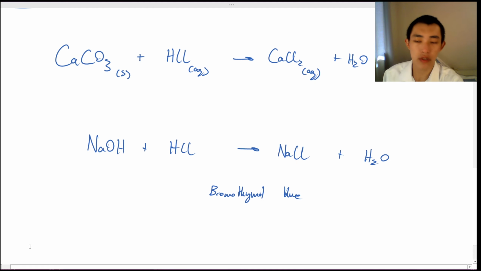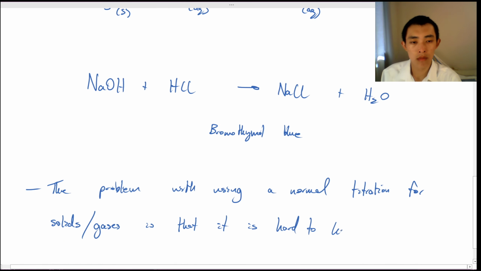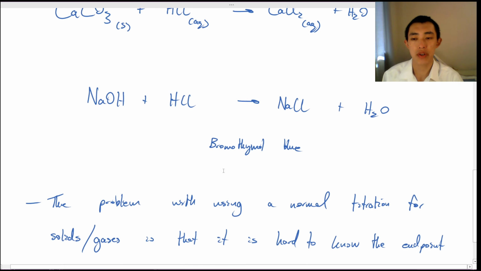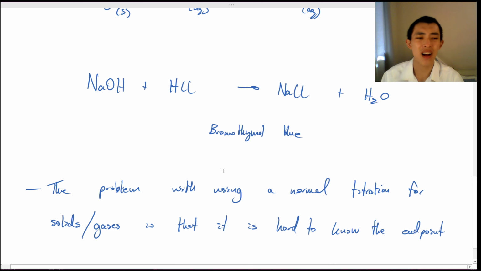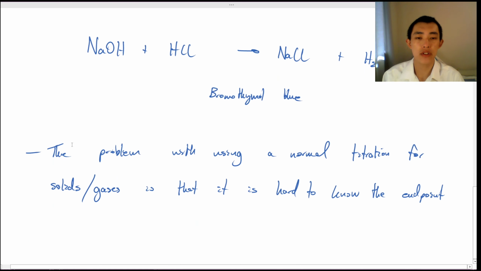The problem with using a normal titration for solids and gases is that it's hard to know when the endpoint occurs, right? And this is where the back titration brilliance comes in. The back titration says, okay, look, I don't know where the endpoint is.